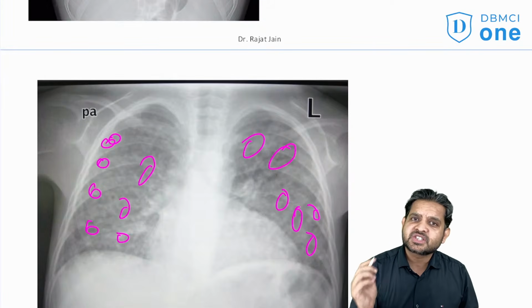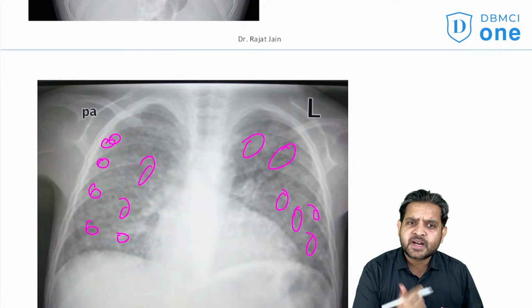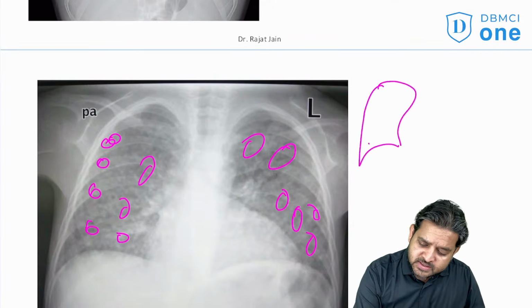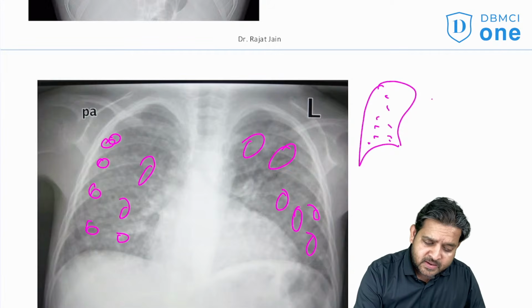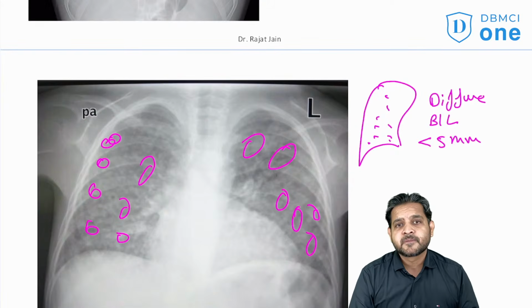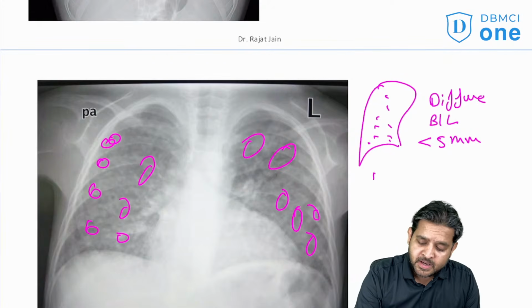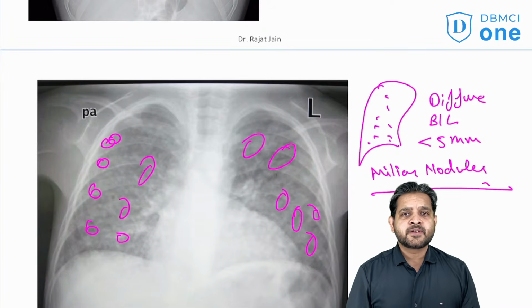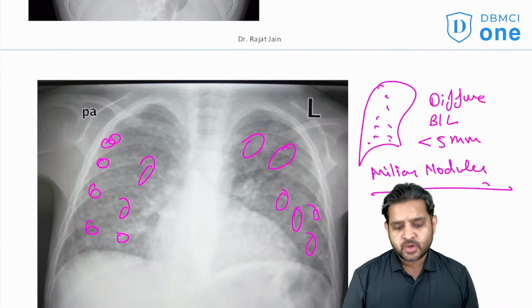And when you look at the history, the patient has fever, weight loss. So these small nodules scattered in the lung, which are typically diffuse, typically bilateral, typically less than 5 mm in size. What is my answer? My answer will be miliary nodules, right?